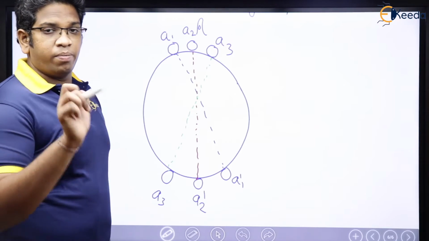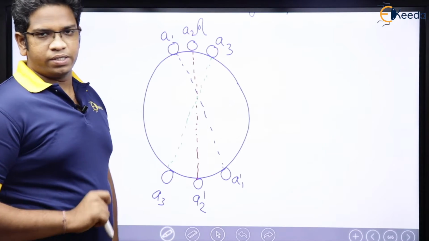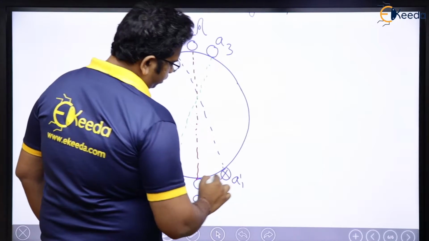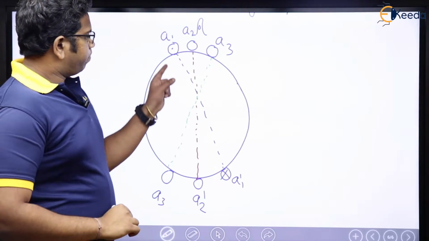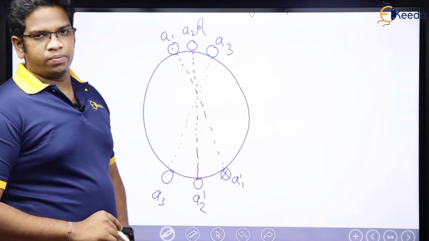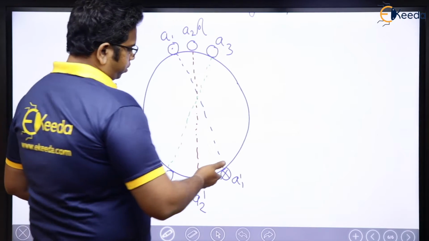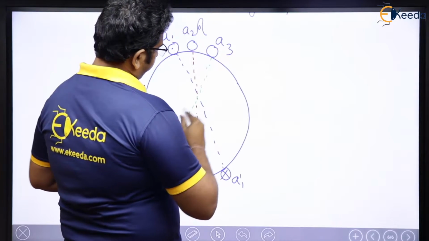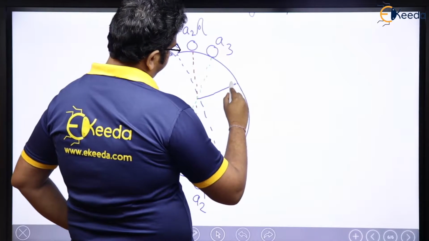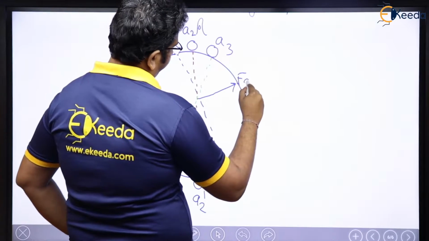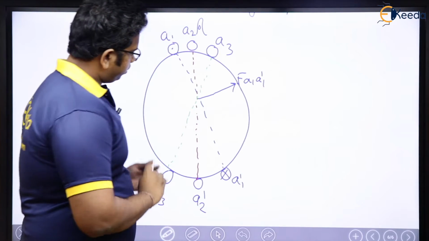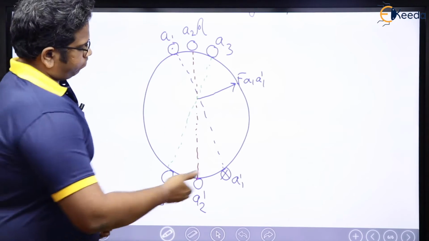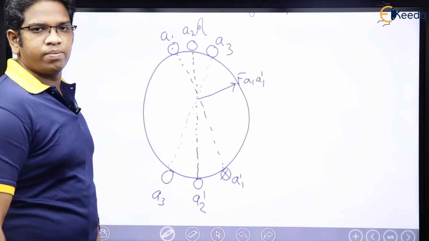If I think of MMF produced because of A1, A1 dash, then how is it going to be? Let me consider dot current here and cross current here, right? The moment I have dot current here, cross current here, what is going to happen? This is cross and dot, which means this way. So net MMF of this one is going to be F A1 A1 dash, right? See, this is the axis. This is cross and this is dot. That is going to be the direction of MMF.